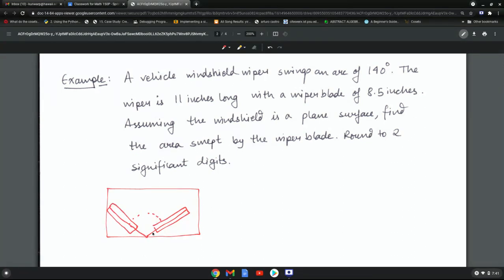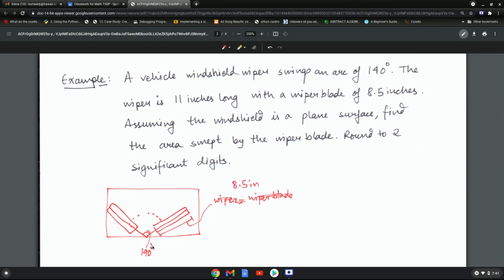So this angle is given to be 140 degrees, right? This one's given to us to be 8.5 inches.